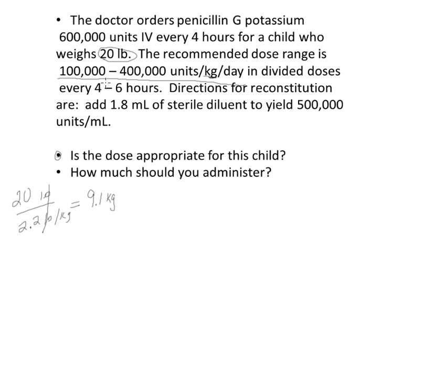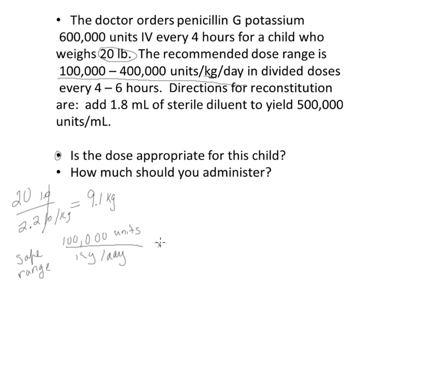Now I want to take the manufacturer's recommended dose and multiply it times the weight of this child to get the safe range for this specific patient. So I start with the lower end of the range, which is 100,000 units. We talked about that the first per is the fraction bar, and I have kilograms per day in the denominator.